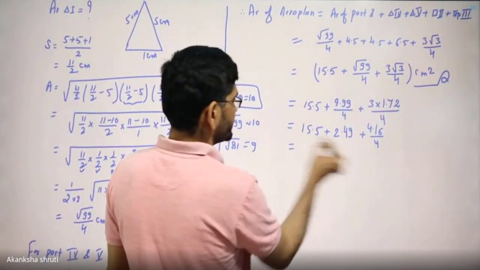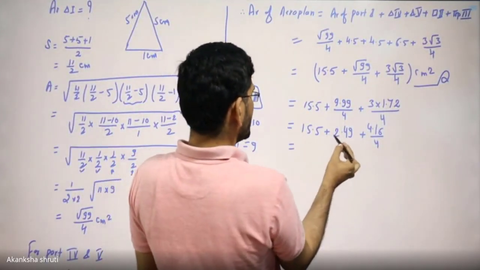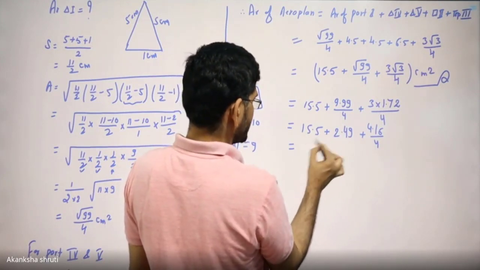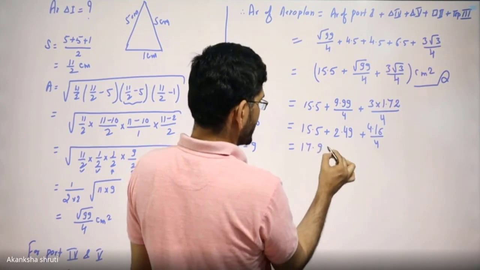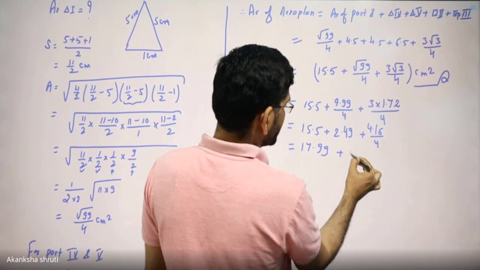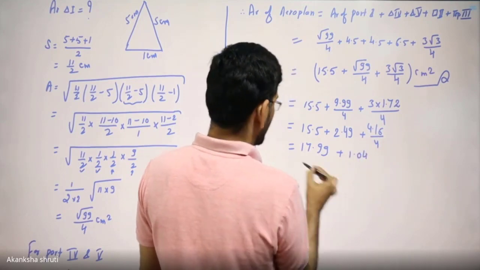Student, first if we wish we can add these two. So approximately it is 0.5, or we may take this as 15.5 plus 2.49 which is 17.99, plus, going for taking this, it becomes 1.04.